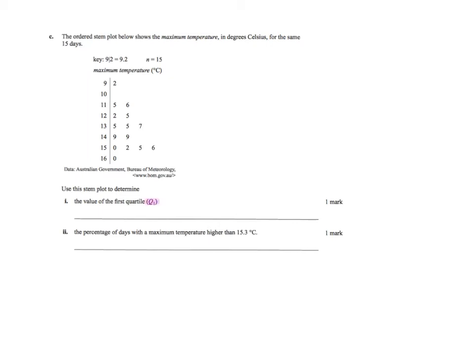So let's go and have a practice again. Now they said n is 15 days. So let's think about it. Where would my median occur? On the 8th. I'll go find that. So I've got 1, 2, 3, 4, 5, 6, 7, 8. Okay, so there's the 8th. So what do we want?